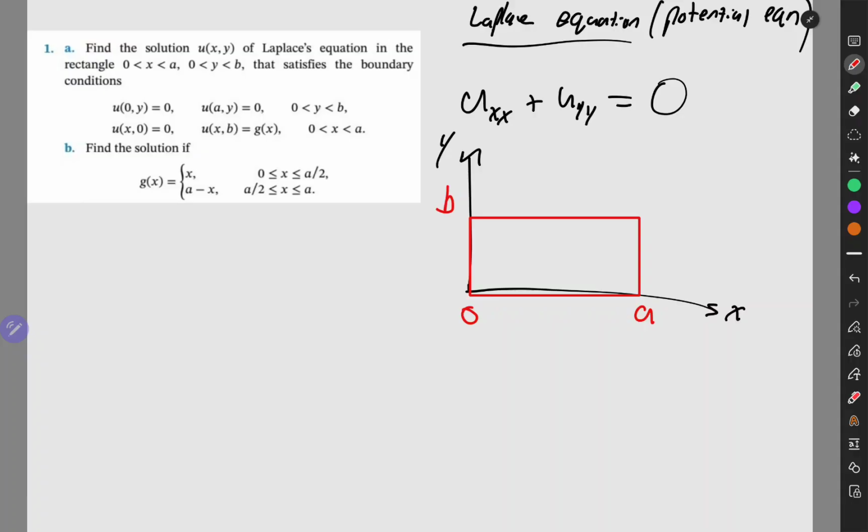Let's write down our boundary conditions here. Draw them on our rectangle. So we have u(0, y) equals 0. This tells us that at x equals 0 along y, the solution, whatever quantity, is 0. You can imagine this is heat transfer.